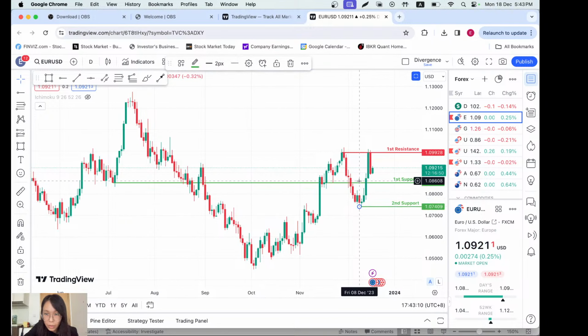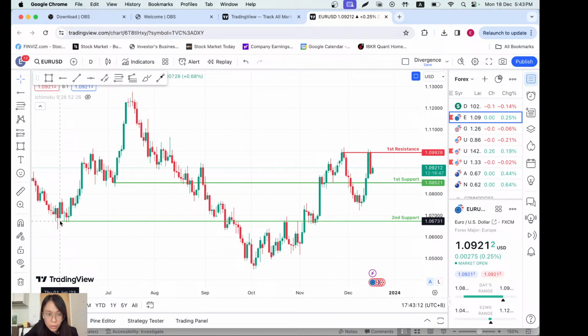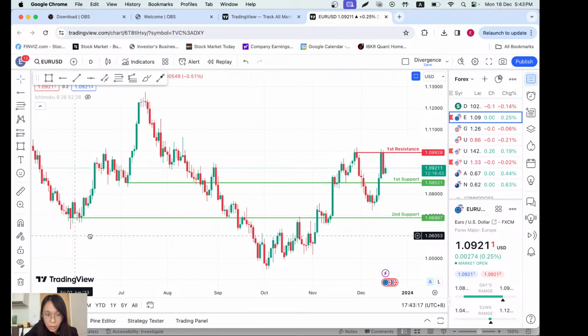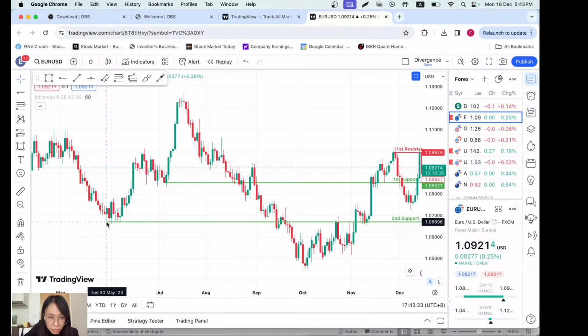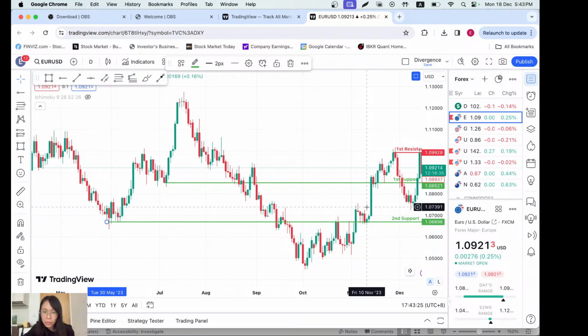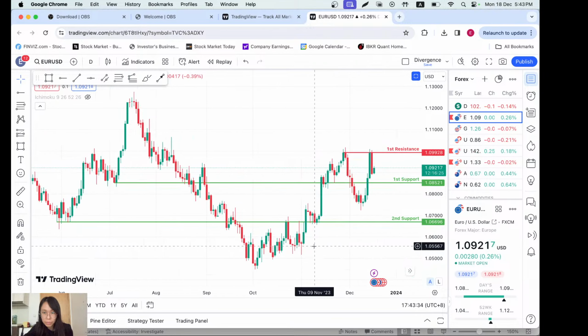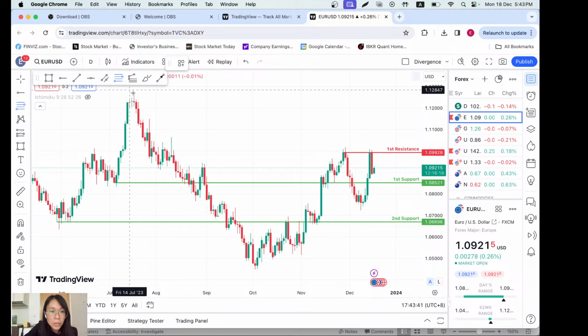Since my first support is here, I can actually put my second support level slightly further out, to capture this swing low here. So this acts as a pretty strong support whereby the price comes down, and this is an overlap support. And we can also draw the retracement.